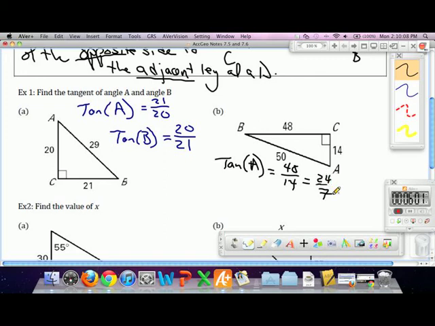What's tangent B? 14 over 48, which reduces conveniently to what? 7 over 24.